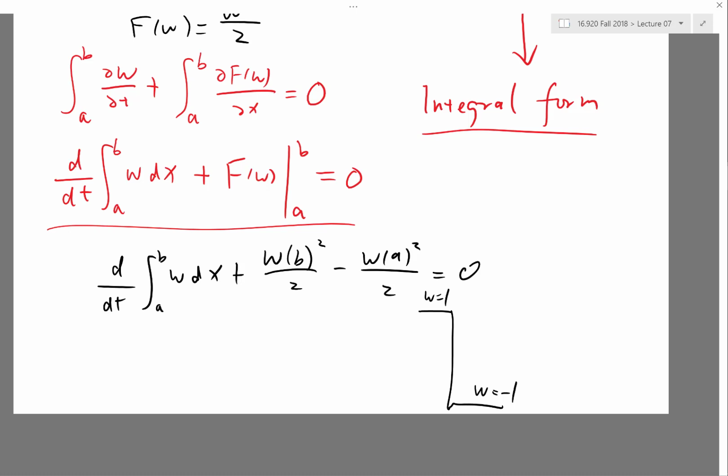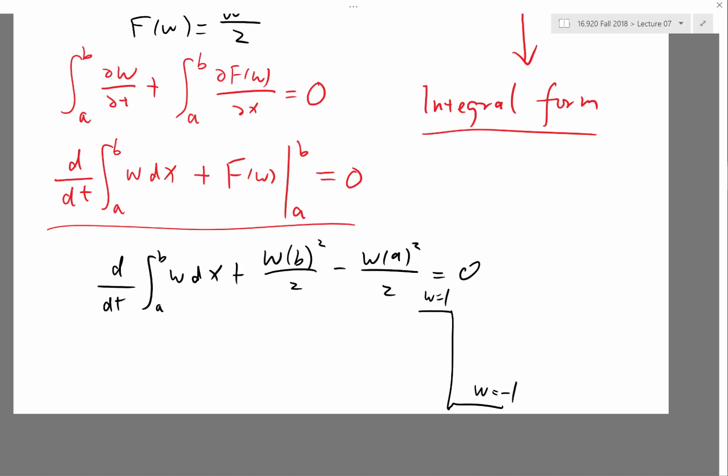Okay, so what you said is because this integral cancels out, right? If w is either equal to 1 or minus 1 with no intermediate values, what it means is that for whatever x, w squared over 2, the flux, is going to be equal to what? Half, right? So if you draw the function of the flux, it'll be a constant.